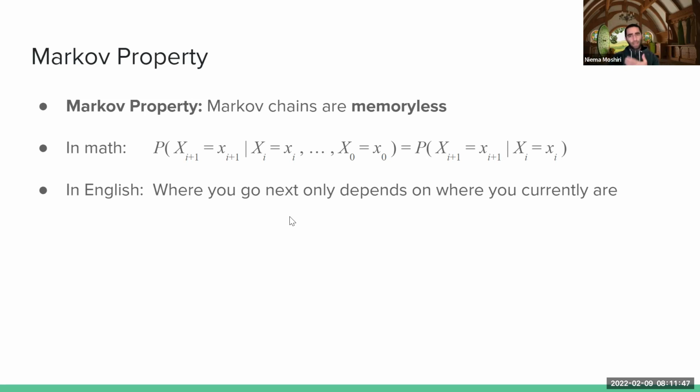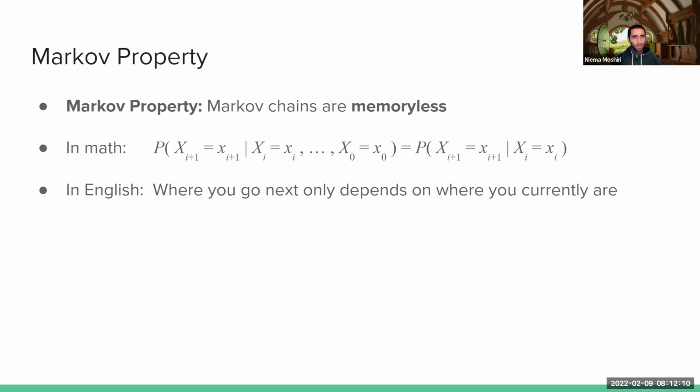It's memoryless. I don't care about any of the states in the past. The probability of where I go next only depends on where I currently am. Does that make sense? In a later class, you might deal with this probability definition a little more, but for now I think this English definition is good enough.